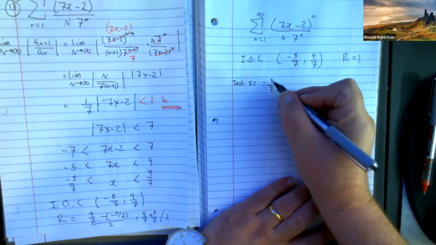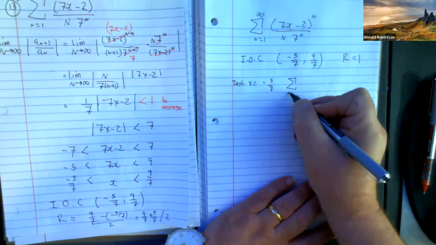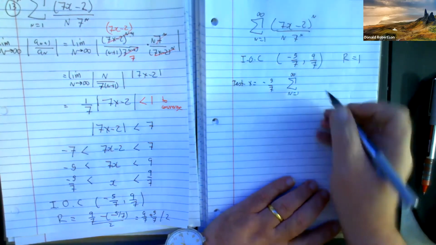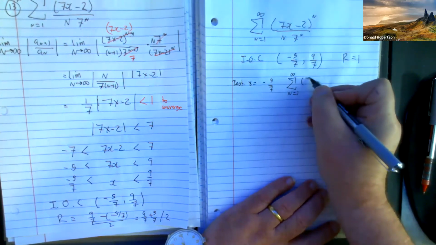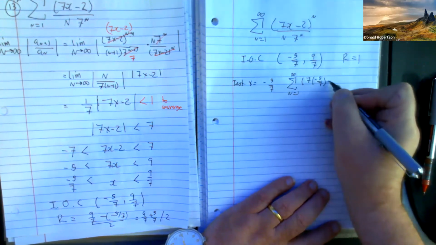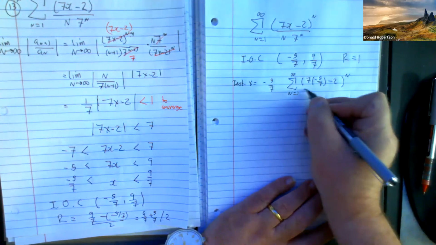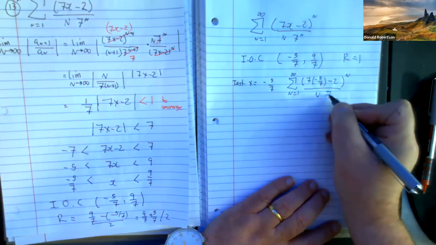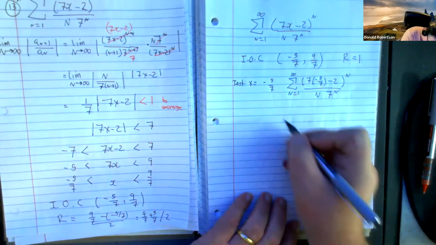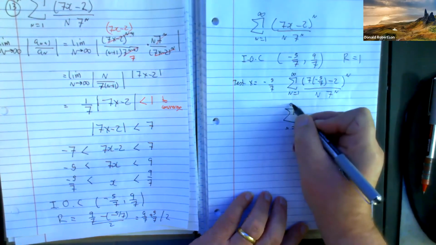So if you plug -5/7 into this series, let's see if that ends up being a convergent series. So it's going to be 7 times -5/7, take away 2 to the power of n over n times 7 to the n. I know it looks messy, but it's going to become a lot nicer shortly.